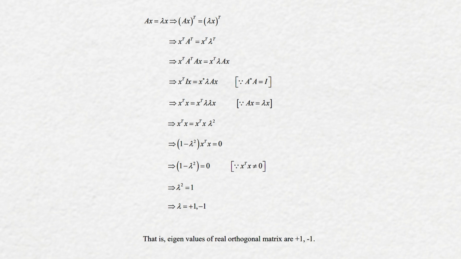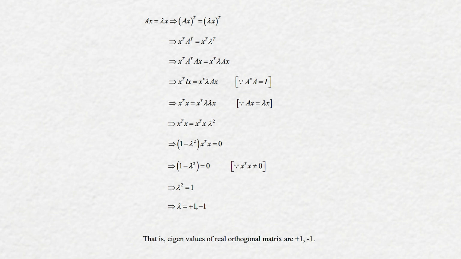Now, according to the property of transpose, we can write (Ax) transpose as x transpose A transpose, and (lambda x) transpose as x transpose lambda transpose, which implies x transpose A transpose Ax equal to x transpose lambda Ax.